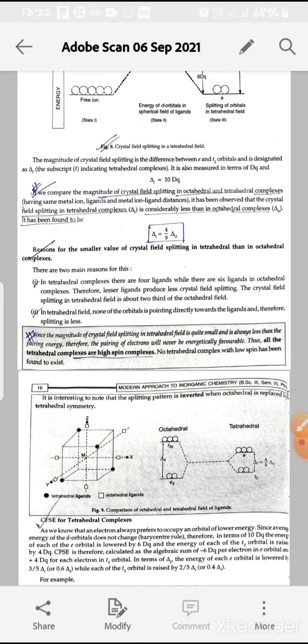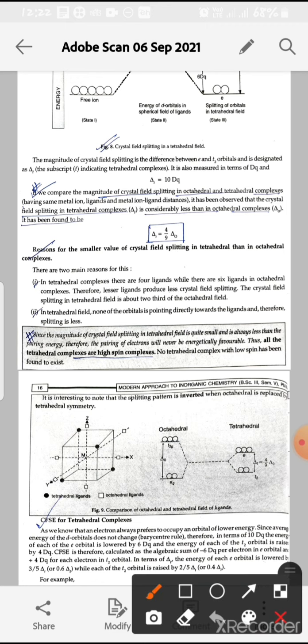So in tetrahedral field, none of the orbitals are exactly towards the approach of ligand, so splitting is less. So that's why crystal field splitting in tetrahedral is less than the octahedral complexes, and that relationship is delta T is equal to 4 by 9 delta O.